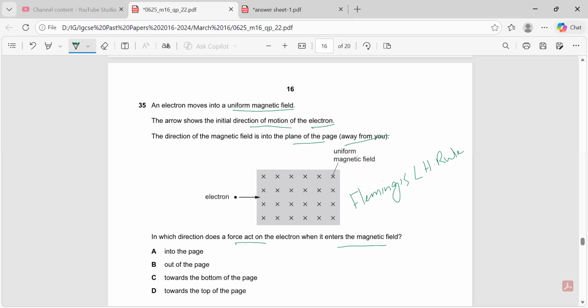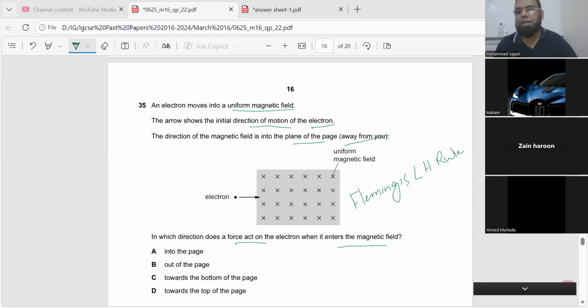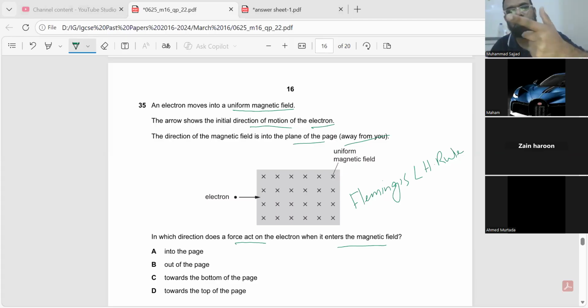My dear friends, now look here. First of all, for Fleming's left hand rule, all of them should be stretched such that my thumb is perpendicular to the forefinger and the forefinger is perpendicular to the second finger. So this is the first thing. Then secondly, father, mother, child: magnetic force, magnetic field, and current, the conventional current.